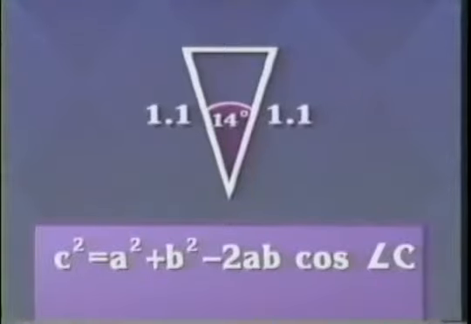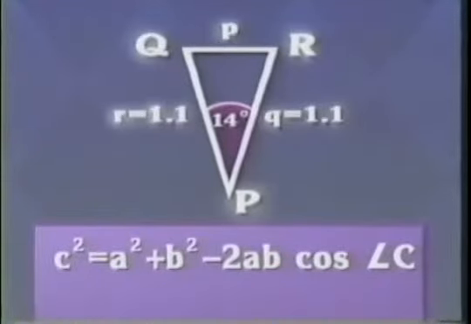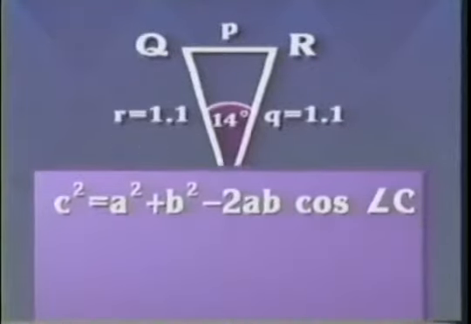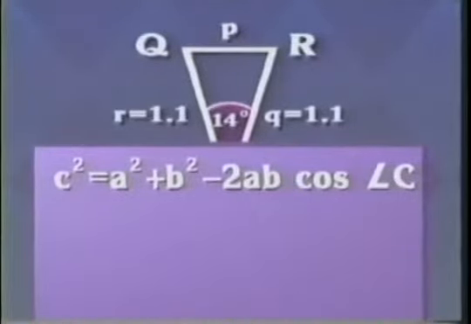Well, first we check for opposite information, and there isn't any, so we'll use the cosine law. Let's label the triangle PQR and rewrite the cosine law to suit this situation. We know angle P. Now the opposite side is written to the left of the equals sign.